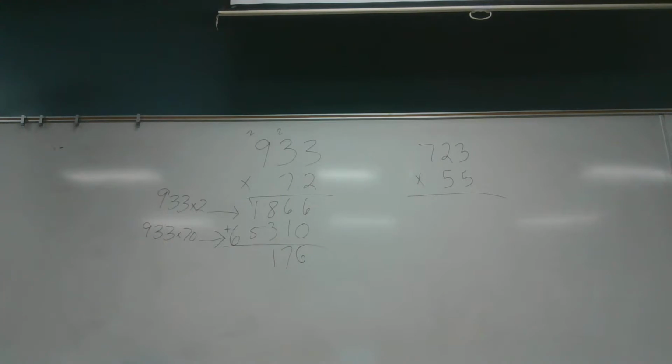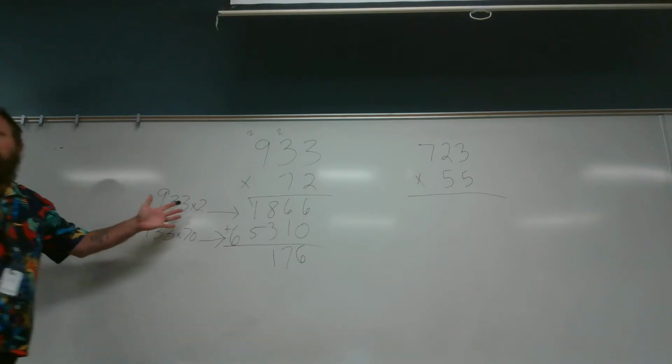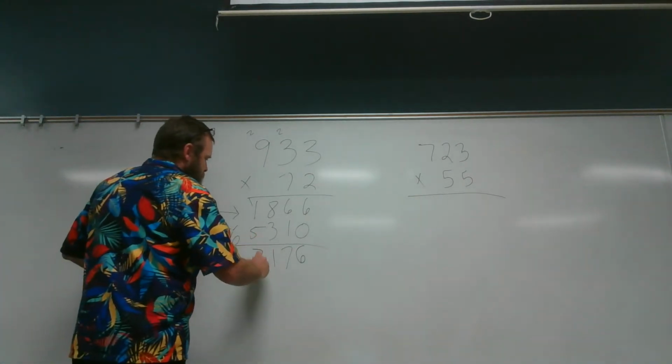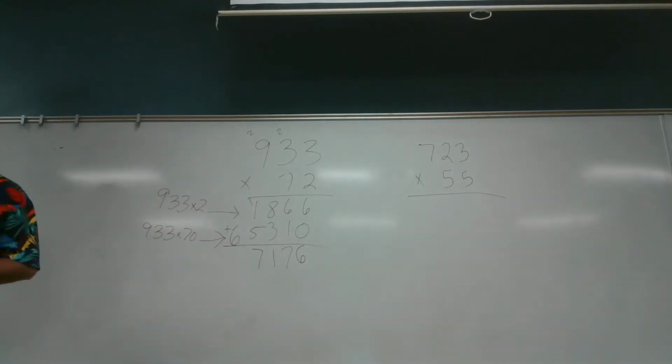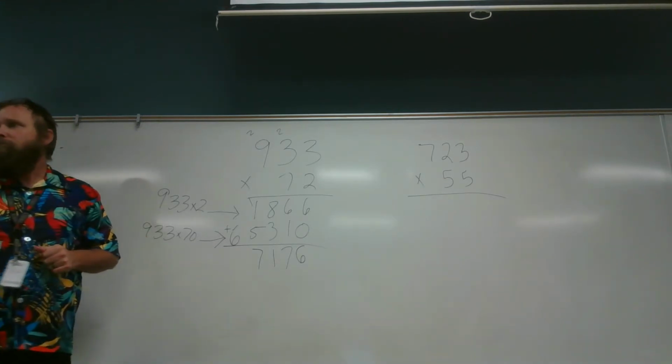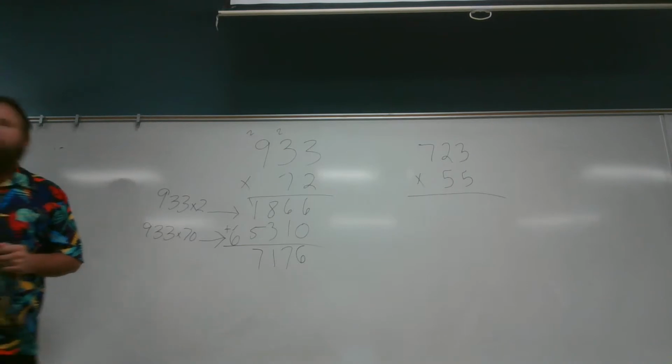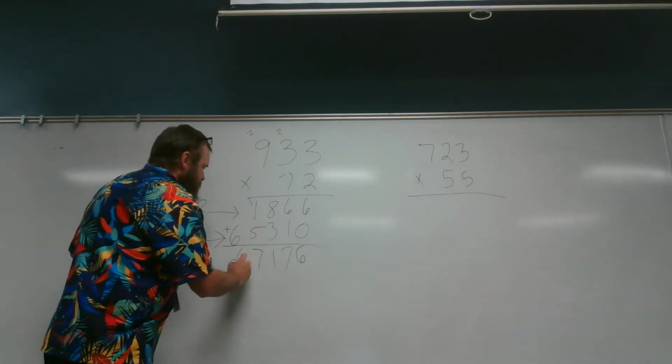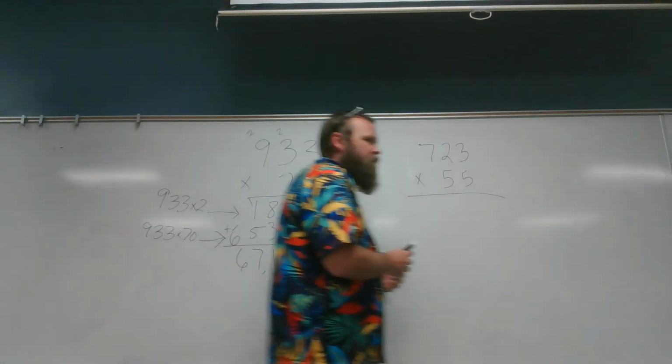Dylan, what's the sum in the thousands place? Plus 1 is? Because we carried that one. Good. And in the 10,000s place, Dylan? 6. It is 6. So Dylan, how do you say that number?